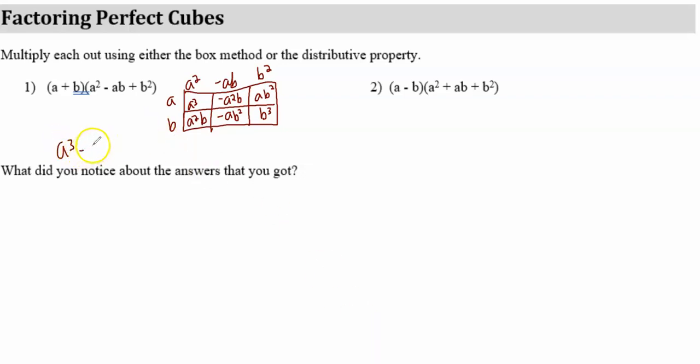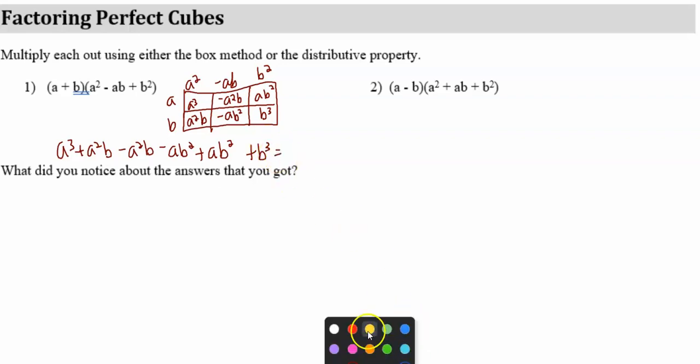A to the third minus a squared b. When I look at what cancels out, these two cancel out, these two cancel out. So I end up with just a to the third plus b to the third.